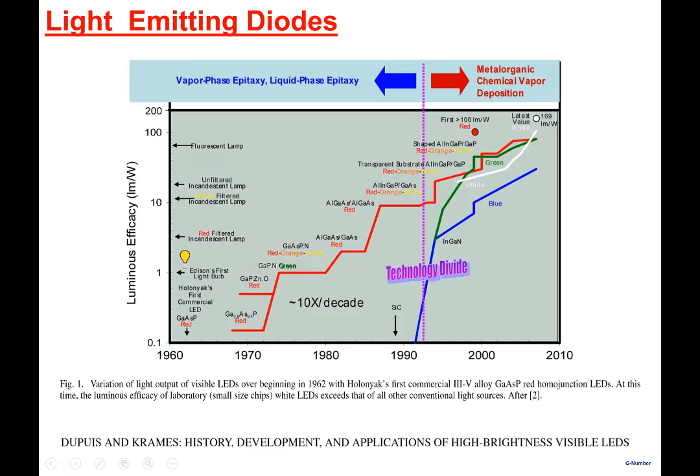The red one shows the red LED. Red and orange LEDs developed very rapidly and were available. The problem was green and blue LEDs, because of the wavelength, blue required a large band gap. For a large band gap material like gallium nitride, people had lots of problems making good quality gallium nitride crystals.